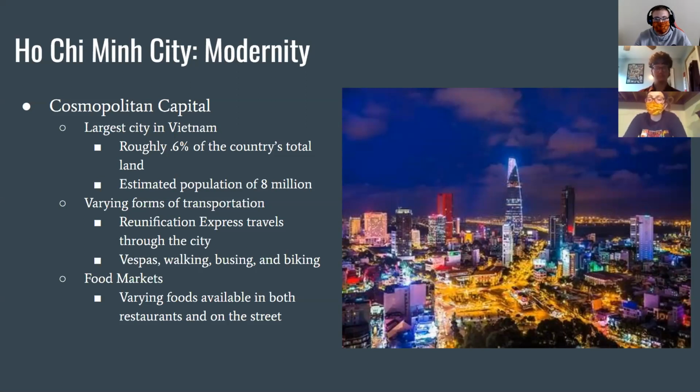You can't really see it in this photo alone, but now there's a change in what forms of transportation people are using. Because there's such a high volume of people present in the city now, people do take the Reunification Express to get in there. But there's also a high use of Vespas and bikes because they're smaller and easier for transportation.